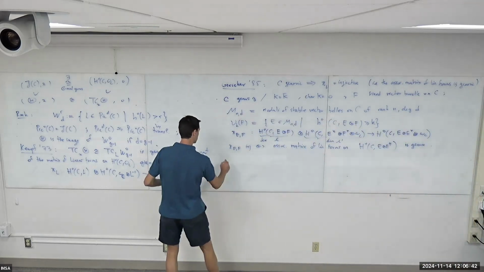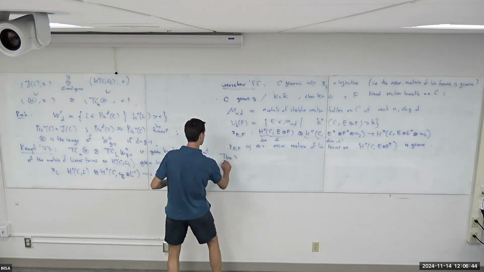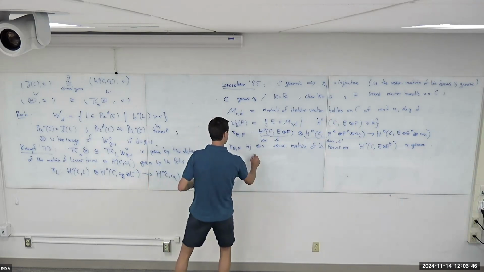So the statement is the following. This is the general statement. We assume that this Petri map is injective.